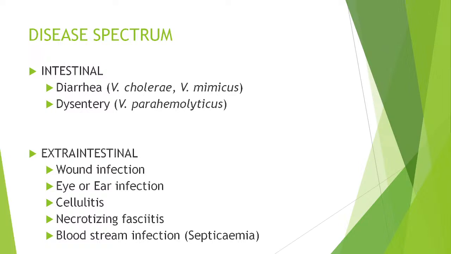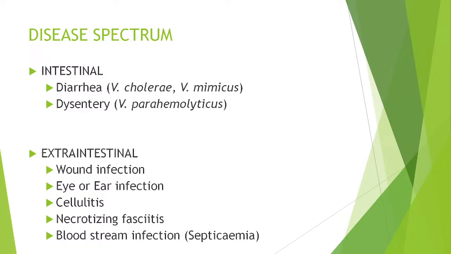Then it can cause dysentery as well. Dysentery-like manifestation can also occur with another Vibrio species called Vibrio parahemolyticus. This can cause dysentery, but these are very uncommon infections, not that common in the Indian setting particularly. They are more common in the oriental countries, Japan, China, Thailand, where it is a very common infection.